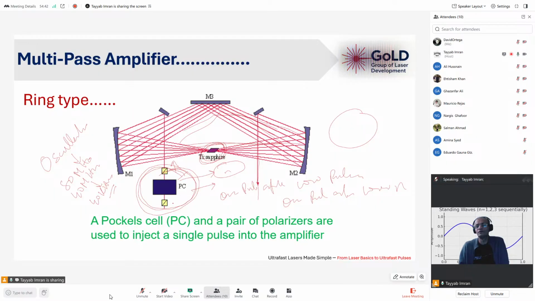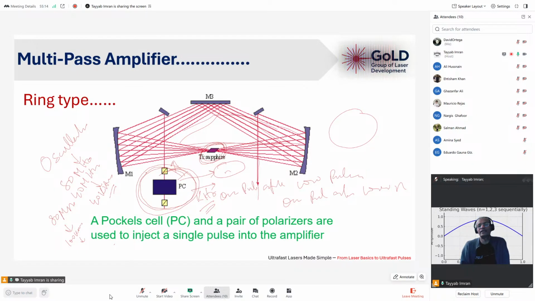Let's suppose now after passing through this Pockels cell, the pulse repetition rate is in kilohertz. Okay, so from megahertz to kilohertz, from 80 megahertz. And let's suppose we go to 100 kilohertz or 1 kilohertz or something like this.